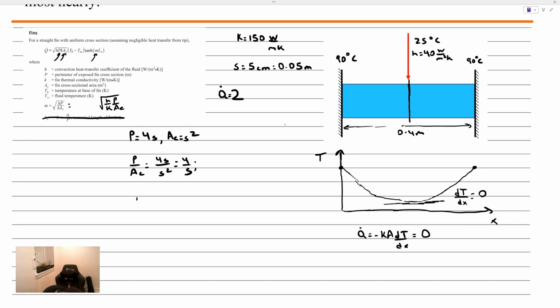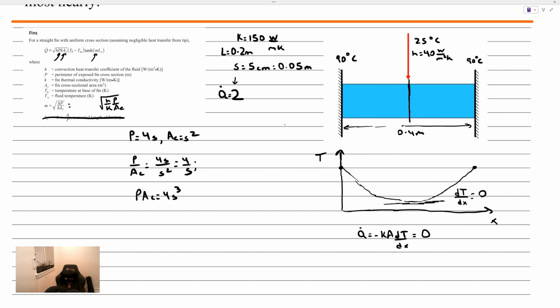Now what about the product? P times A sub C is equal to 4S multiplied by S squared. That's 4S cubed. Now that we have all of that, let's go ahead and plug into our formula. Remember that we double the heat transfer rate and we cut the actual fin length in half. So our L here is equal to 0.2 meters, half the spacing.